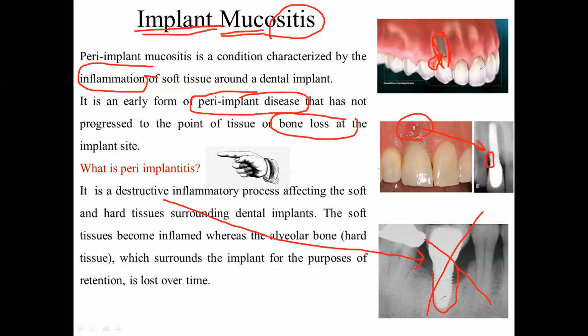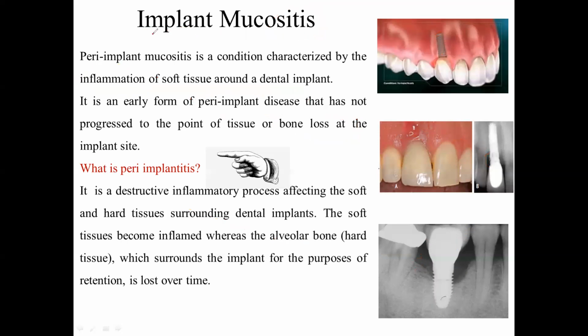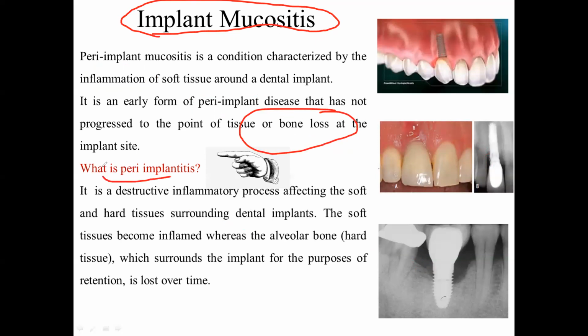I hope I'm clear. So implant mucositis is an inflammatory condition where you do not have any bone loss. But peri-implantitis, again an inflammatory condition around the implant, causes alveolar bone loss, ultimately failure of the implant.